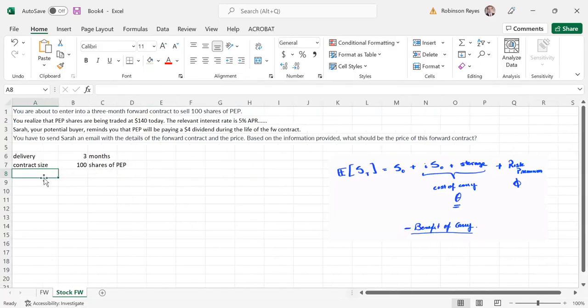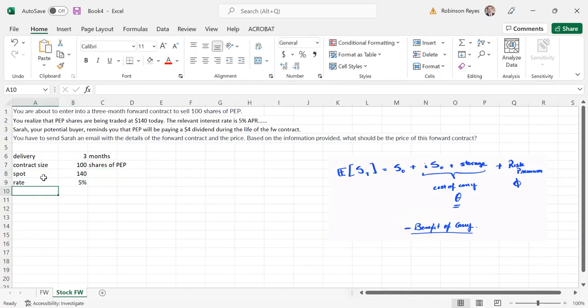And now the spot: we can refer to the price of stocks today as the spot price for that stock as well. So spot is a term that you can use for both commodities and stocks. The spot price of the stock here is 140, which is the price that the stock is trading for today, and the relevant interest rate is 5%.